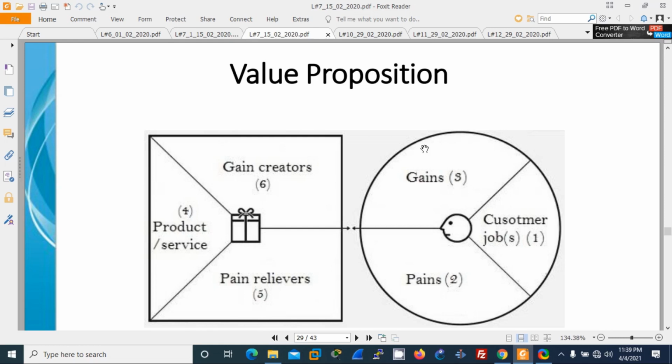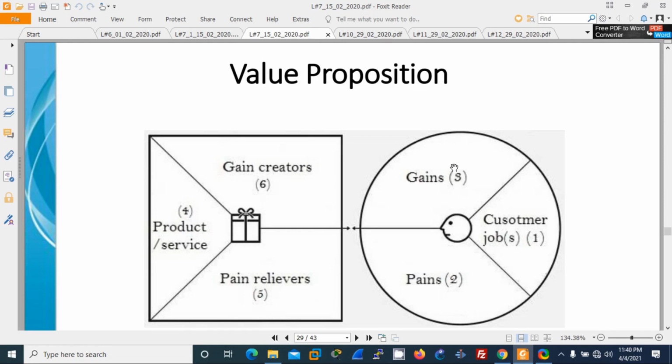With respect to that, what are the gain creators and the pain creators, and at the end of the day, in order to satisfy customer functions, what is the product or service that the particular offering has.